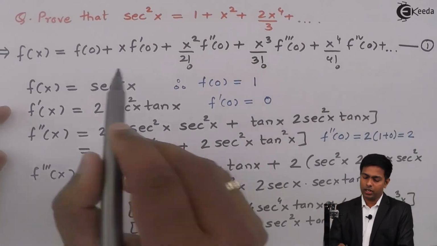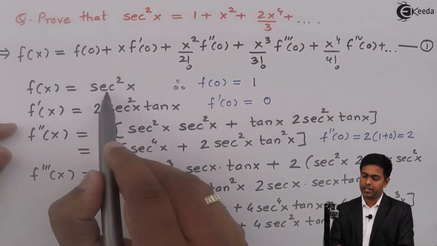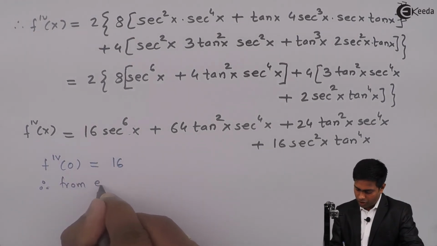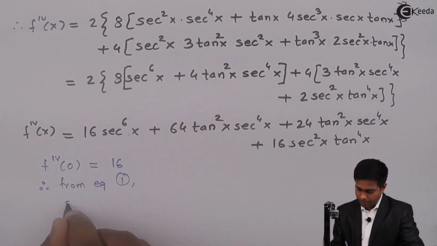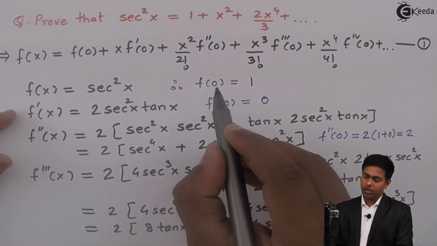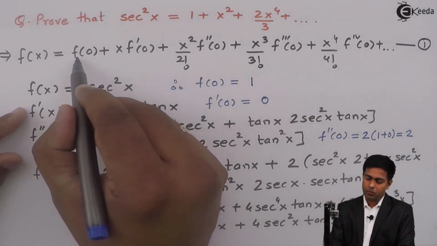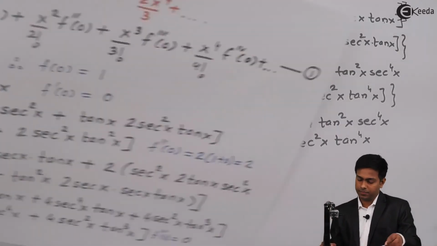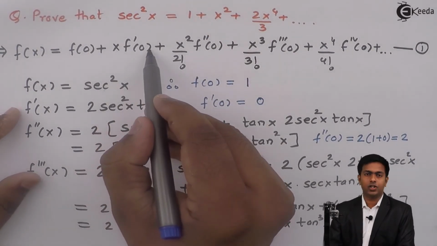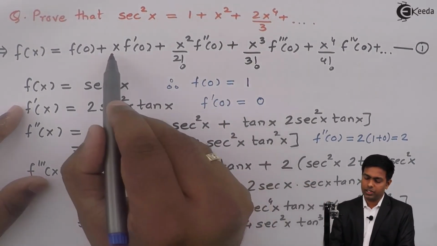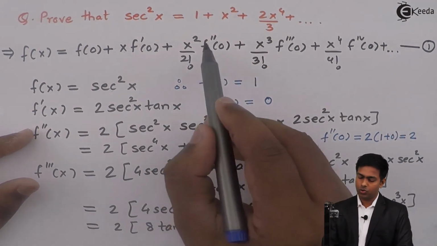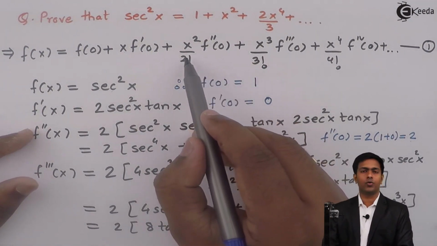So equation number 1 will become f of x, that is sec square x. Therefore from equation number 1 we'll get sec square x equal to, here f of 0 is 1, so the first term is 1. Next, x into f dash of 0, but f dash of 0 is 0, so the second term is 0. F double dash of 0 is 2, so 2 into x square upon 2 factorial.